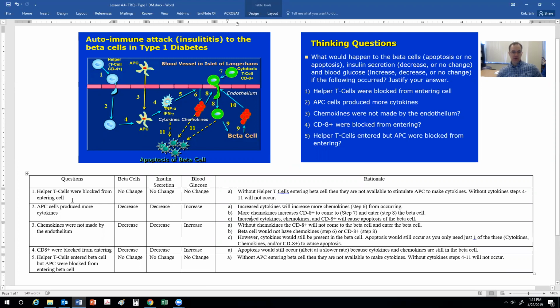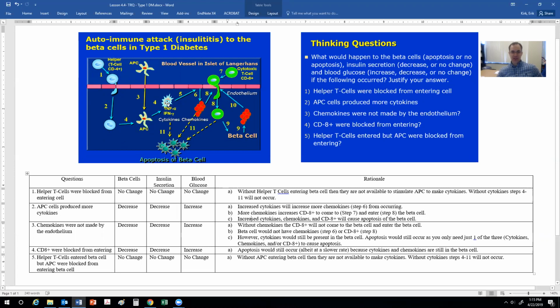The first is what would happen to helper T cells if they were blocked from entering the cell. If you remember, helper T cells are going to come in from the immune system, and once they're inside, they're going to act in unison with the APC to produce cytokines.